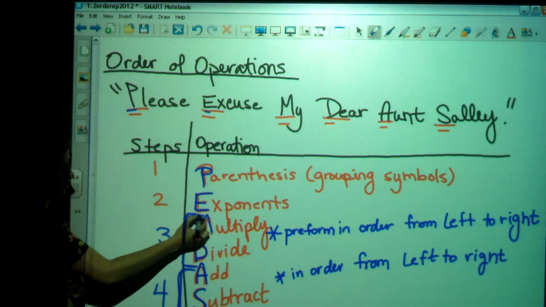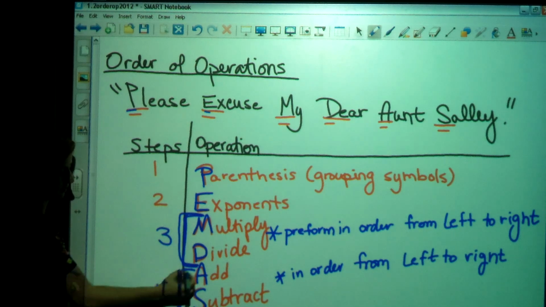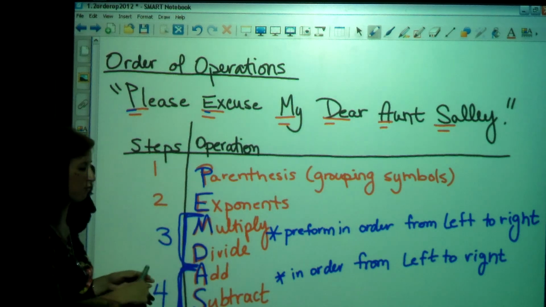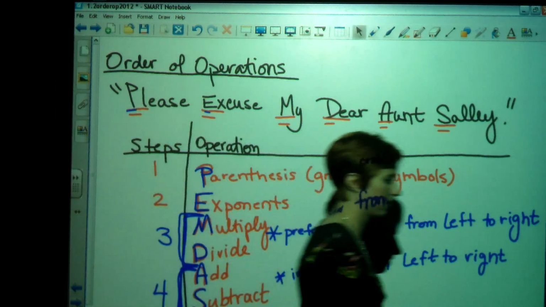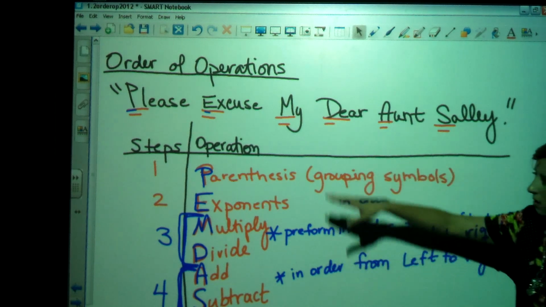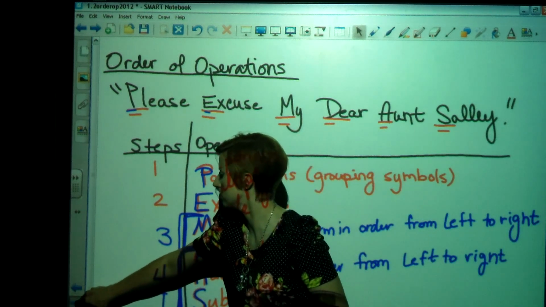Third step is to both multiply and divide. And our 4th step is to both add and subtract in order from left to right, so whichever one comes first. Now, knowing these steps and what operation to use, we're going to move on to our examples.